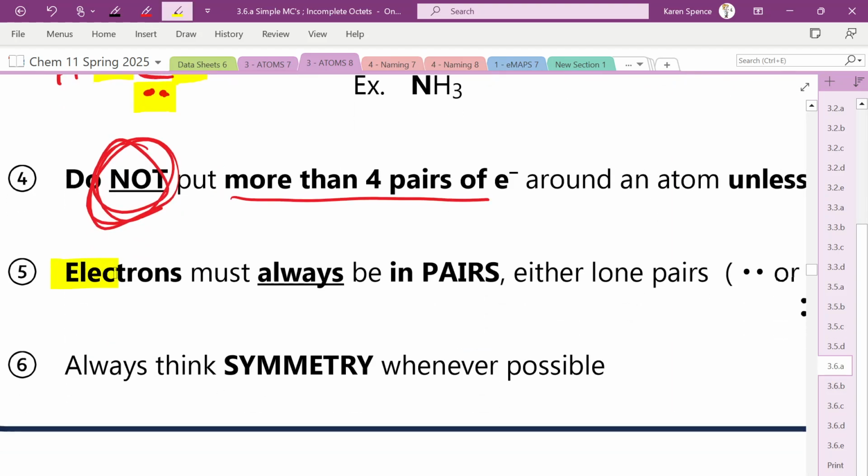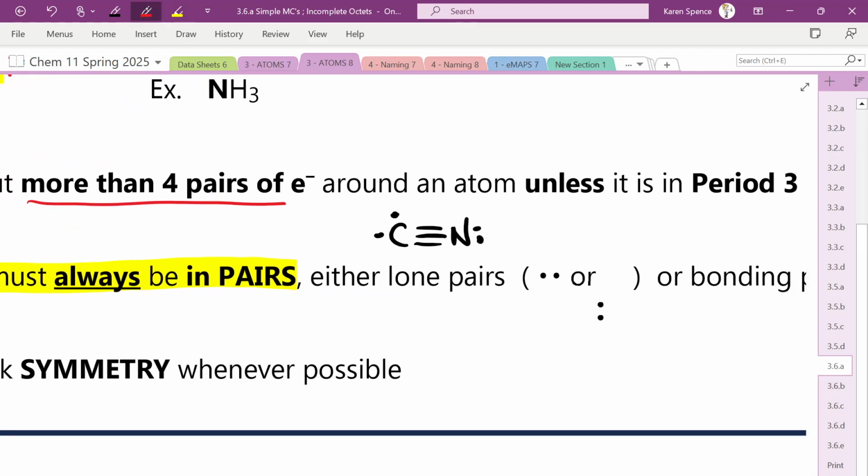Also, electrons must always be in pairs. So I do not want to see this. No. Those electrons would go here. Okay, they go together.